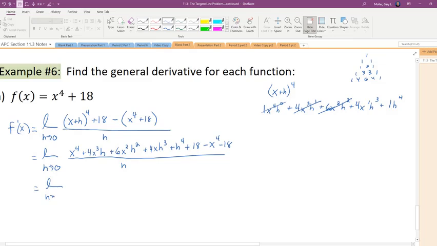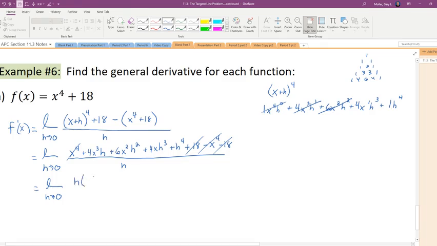Limit as h goes to 0. All right, x to the 4ths cancel. Negative 18 and plus 18 cancel. And let's bring it down. And I'm going to again save a step. I'm going to factor h out as I go, hopefully not making an error.